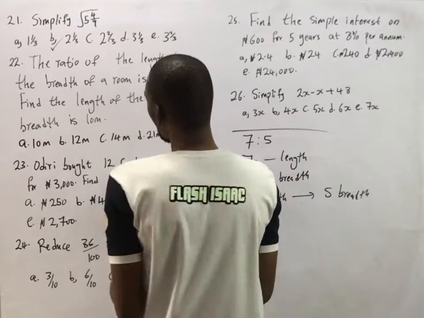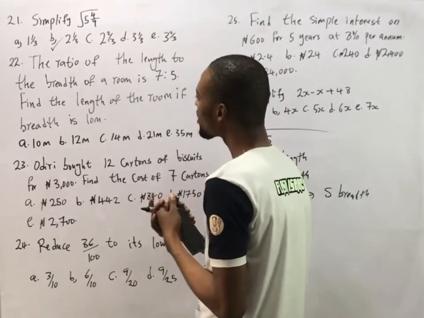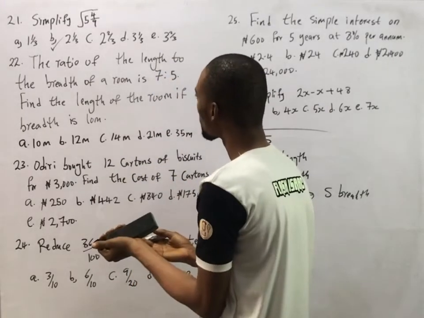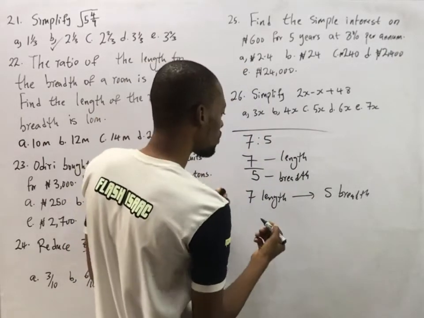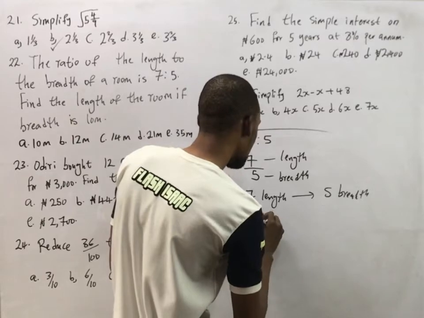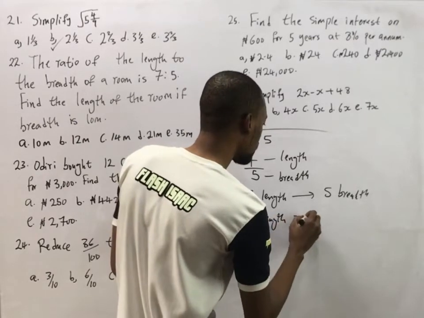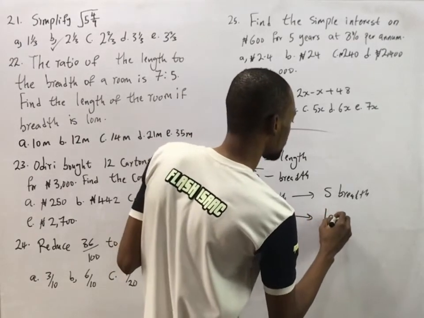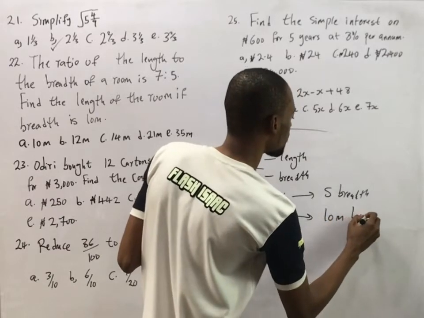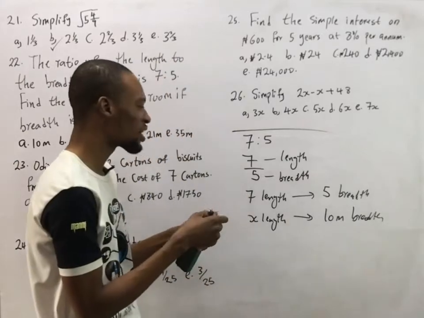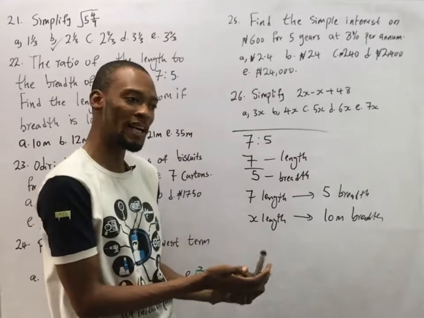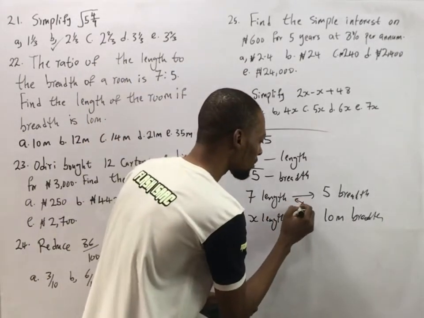The question says find the length of the room if the breadth is 10 meters. So in this case, we are looking for length, but we don't know the length. So S length would give us 10 meter breadth. This is 5. So given this, like you're already used to by now, we cross multiply.